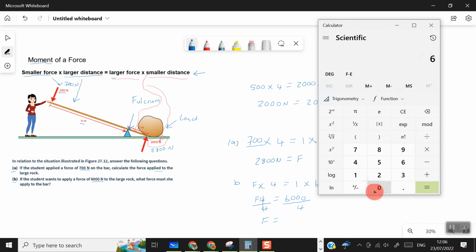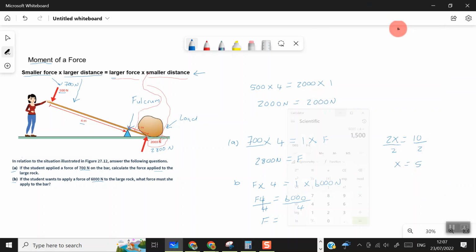So 6,000 divided by 4 is equal to 1,500, and it's going to be in newtons.